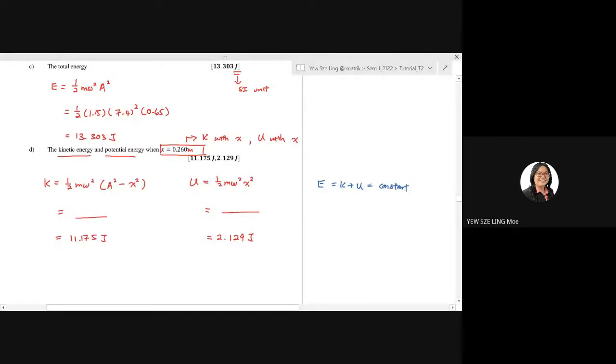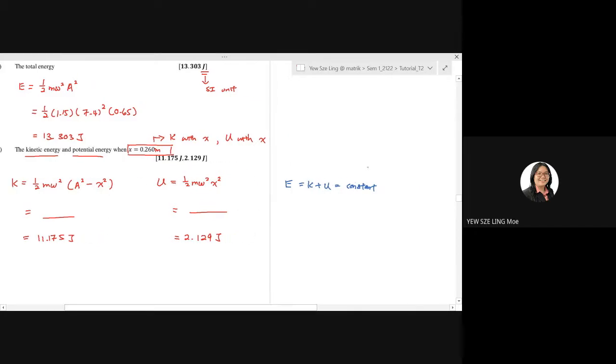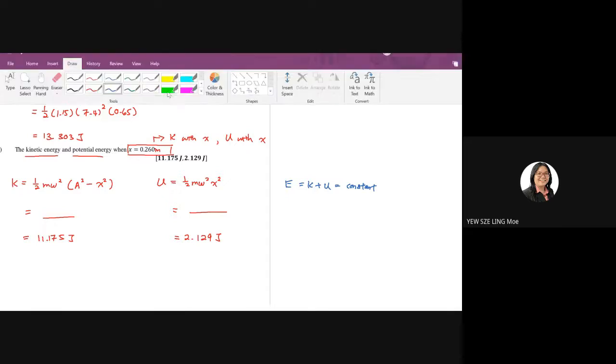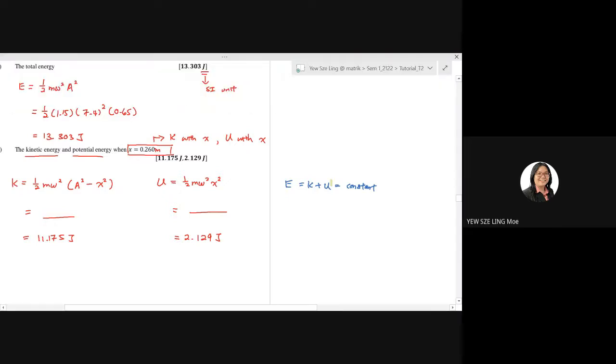Whenever you're looking at a constant, a principle of conservation, either for energy or for momentum, you need to make sure you add in this part: equals constant. The total is equal to constant.